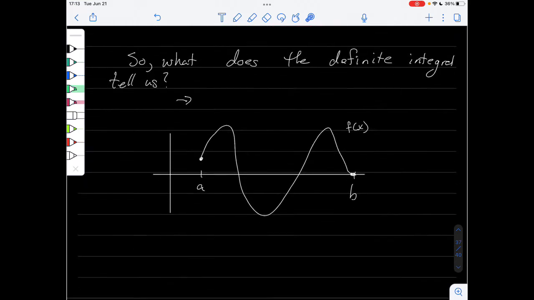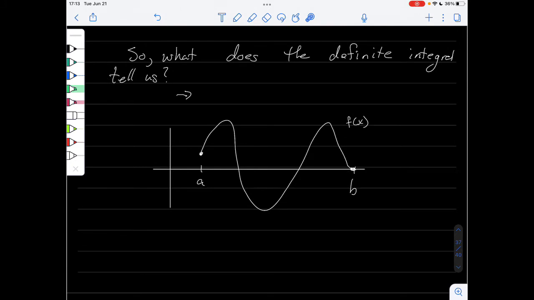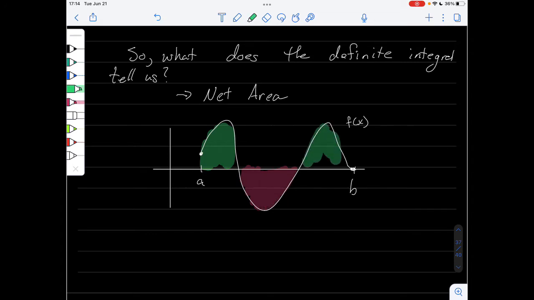Okay. So what does the definite integral tell us? It tells us the net area, right? So if we are looking at the areas here, we're taking this guy, and then we're going to subtract the actual value of the area, which will be a positive value, and we're going to add this area here again.